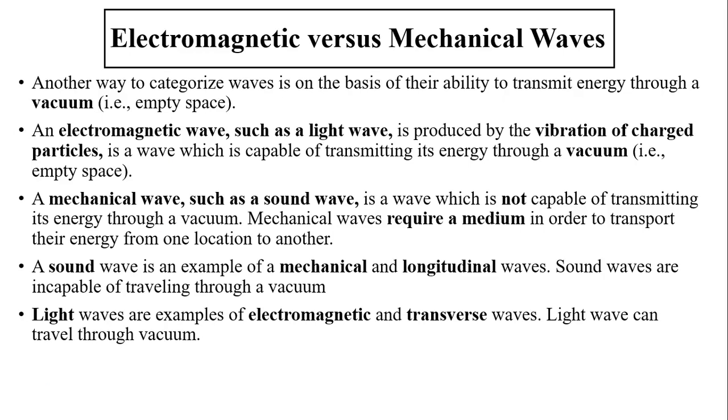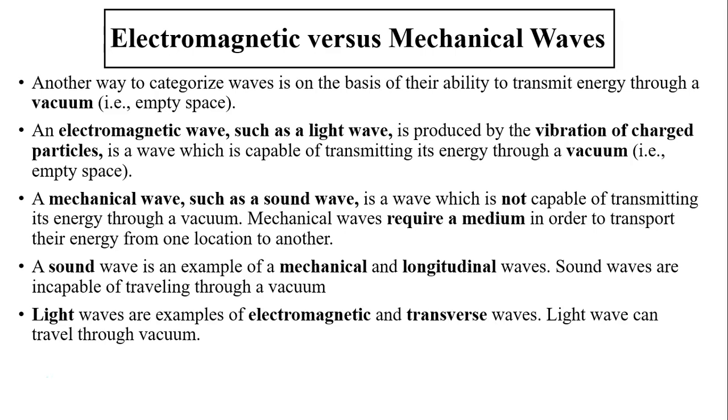The other category is electromagnetic versus mechanical. Another way to categorize waves is on the basis of their ability to transmit energy through a vacuum. An electromagnetic wave, such as light wave, is produced by vibrating charged particles, such as electrons.